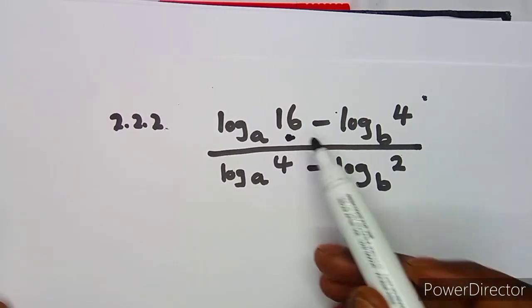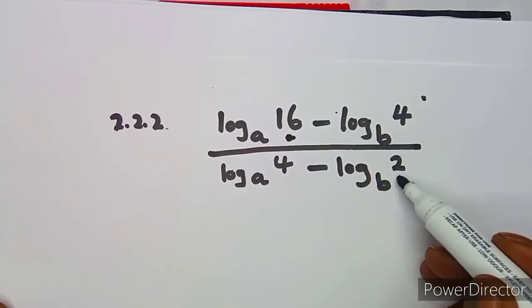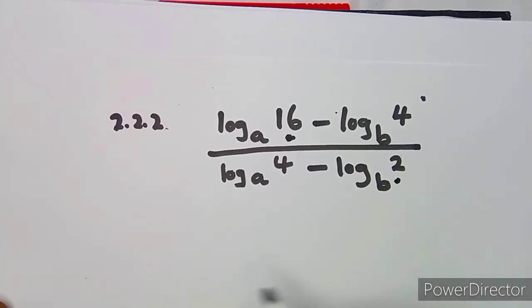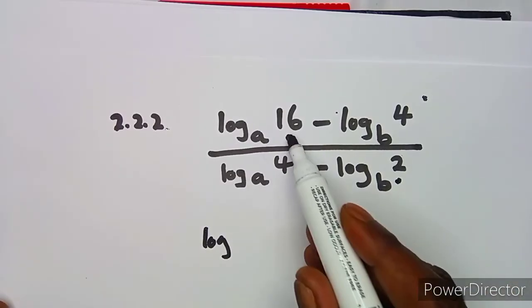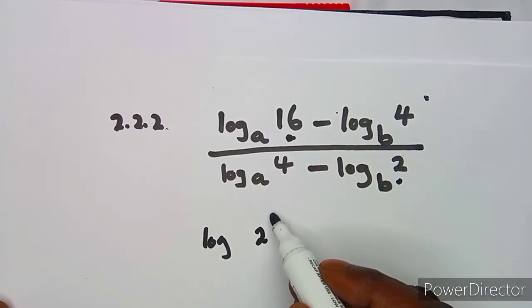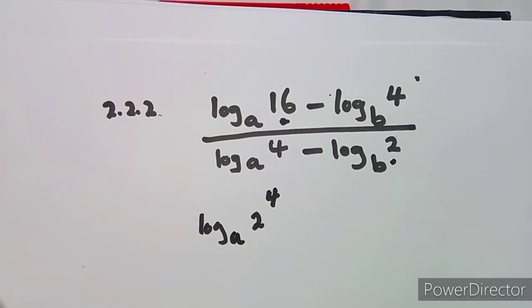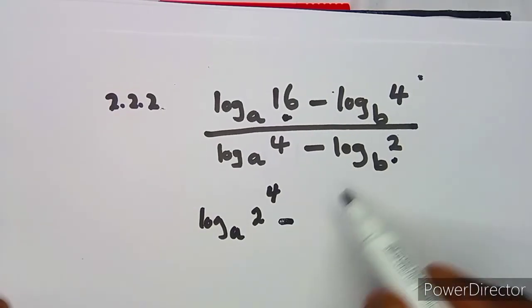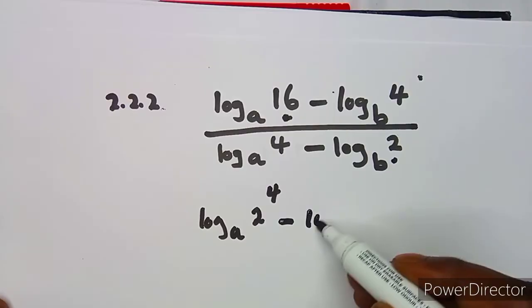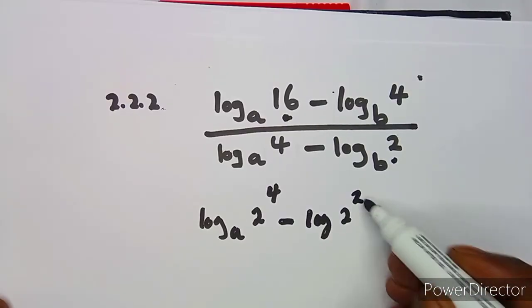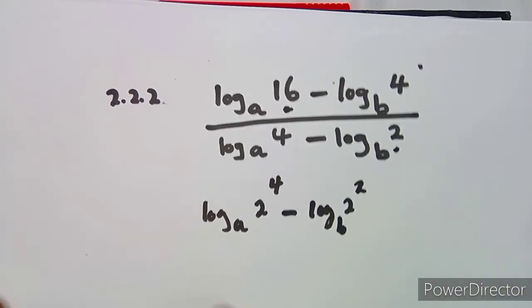16 in its simplest form, we can choose to write in terms of 2. So 16 in terms of 2 is 2 to the exponent of 4. If you multiply 2 times 2 times 2, 4 times, that's 16. Then 4 in terms of 2 is 2 to the exponent of 2, in base b.